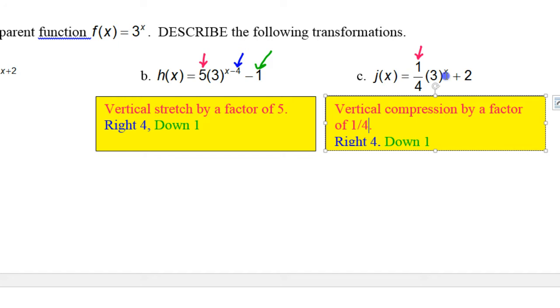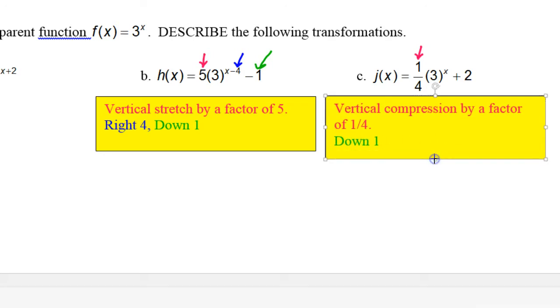Okay, this time there is no number being added or subtracted to the exponent, so there won't be a left or a right. So I'll just delete that part of it. Now we have a +2. So instead of being down, this time it will be up. So up 2.